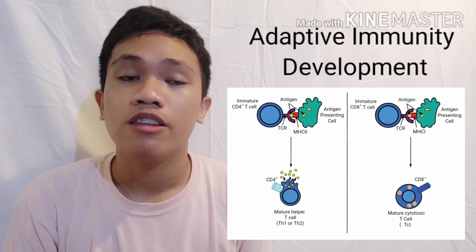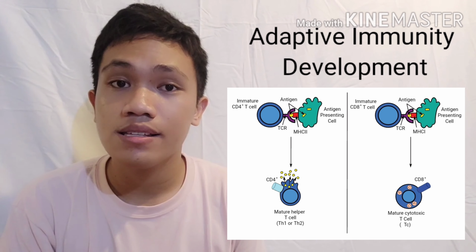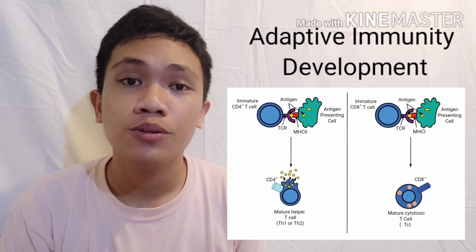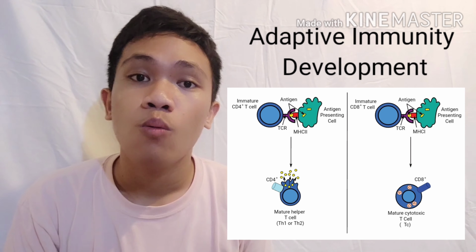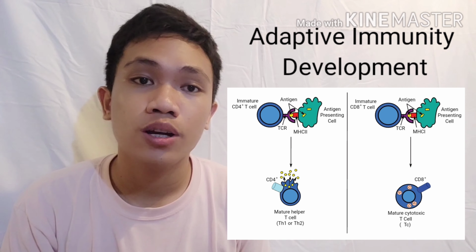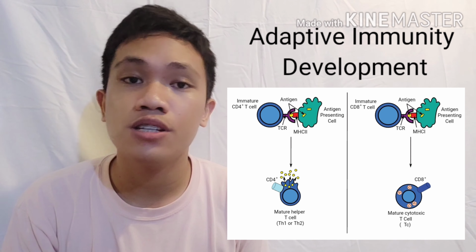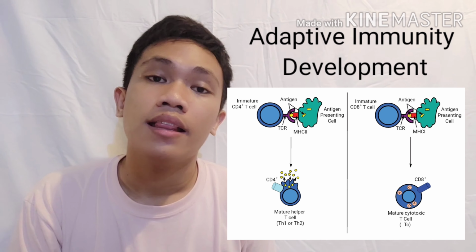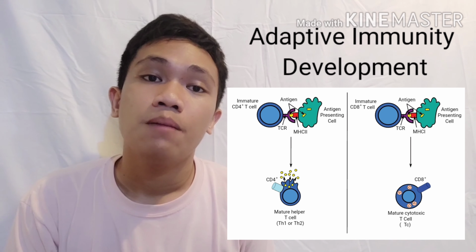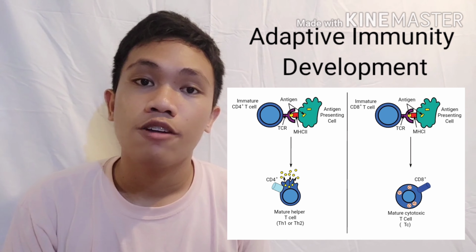Helper T cells activate B cells, which proliferate and produce antibodies specific to the antigen, while cytotoxic T cells destroy pathogens that bear the antigen that was presented to them by the APCs. And lastly, the sixth step, memory B and T cells are formed after the infection ends.